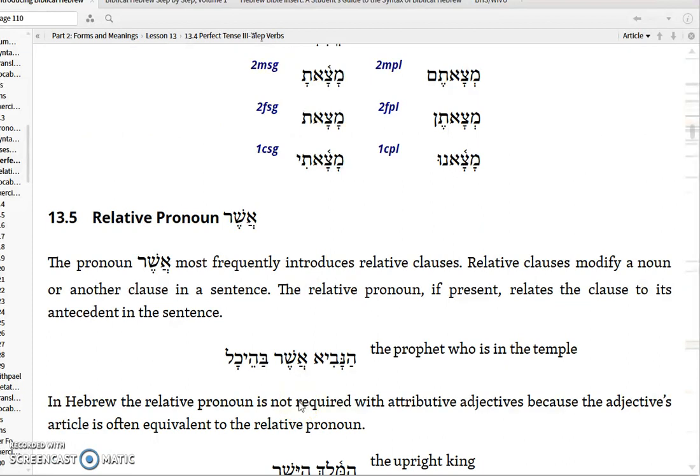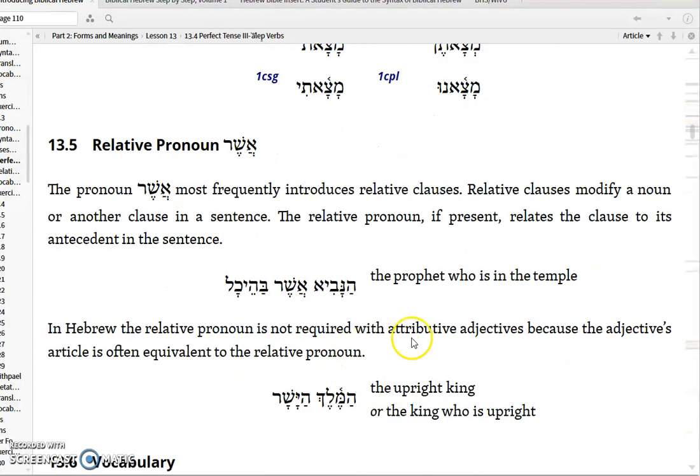We then move on to the relative pronoun asher. The pronoun asher most frequently introduces relative clauses. Relative clauses modify a noun or the like. And so here you have a sentence, Hanavi asher ba hekal.